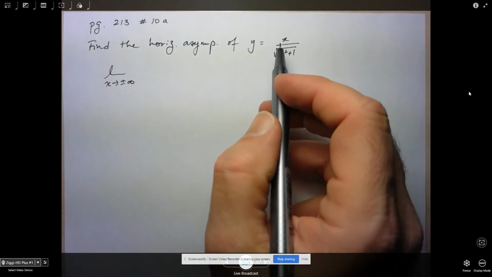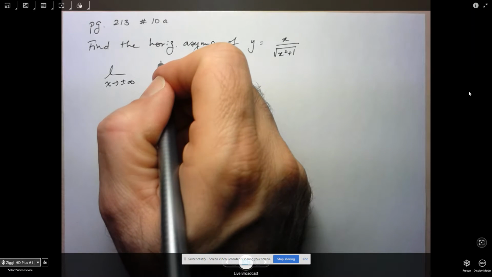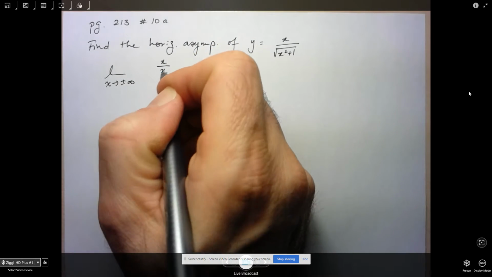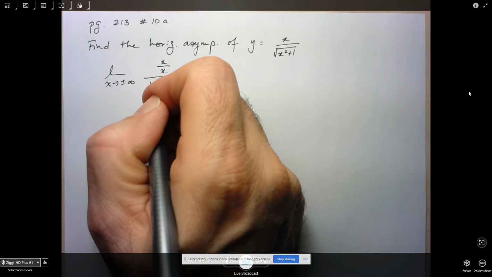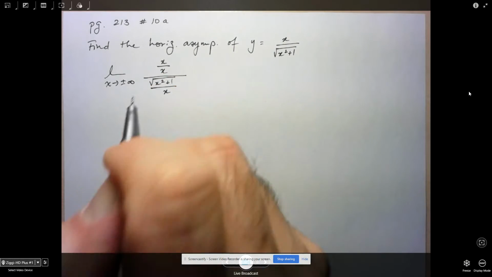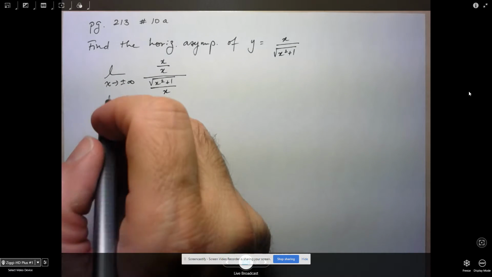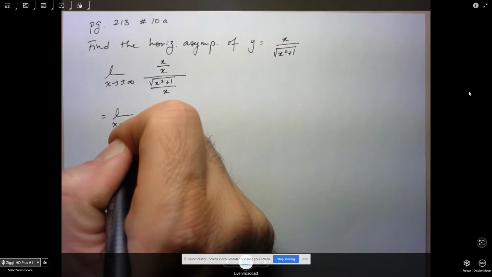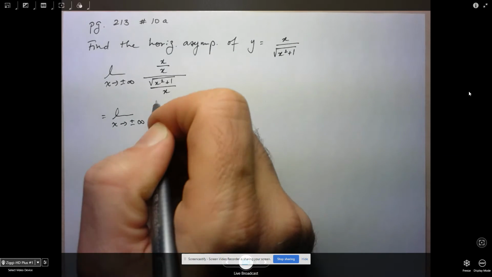Like I said, I'm going to divide numerator and denominator by the highest power of x. The numerator works great because x over x is just 1.